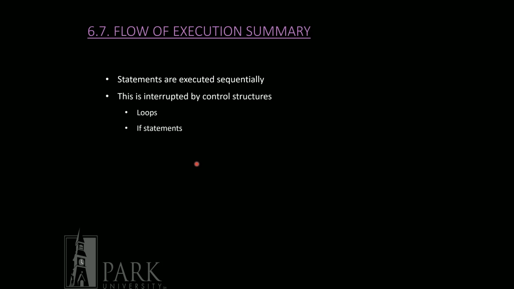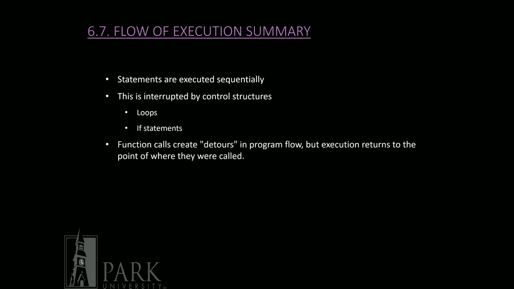I previously talked to you about the flow of execution and how Python, or how the interpreter, goes through and reads your code. And it does so sequentially. It does one line after the next after the next. However, this process is interrupted through control structures such as loops and if statements. When the interpreter encounters these quote-unquote detours, it will go and process those structures individually and then return to the original program at the point where they were called.